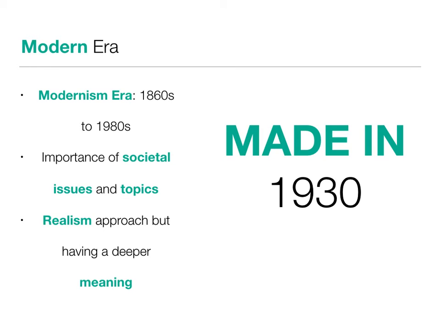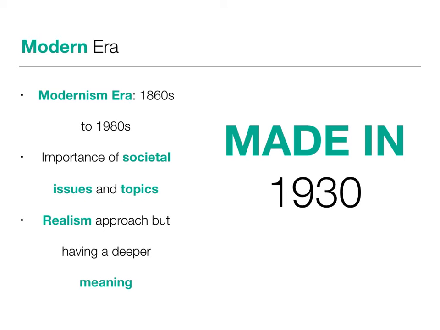So this painting lies under the modern era, and the modern era was during the 1860s to the 1980s, and this painting was made in the 1930s, so therefore making it in the modern era frame. And the reason why it's a modern painting is because it shows the importance of societal issues and topics. So it's not just a painting just to be a painting, although people can just take it that way because it is done in such a realistic form.